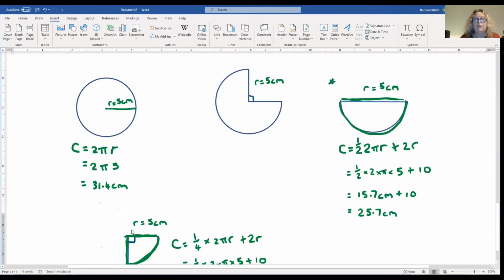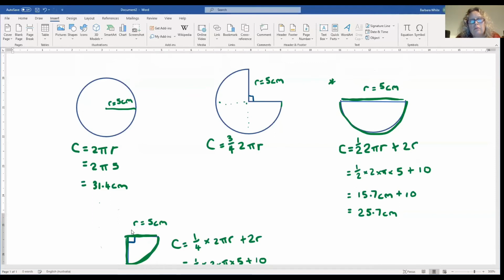And here's another one. The circumference of the circle would be 2 times pi times the radius. And how much of a circle is that? It's 3/4.